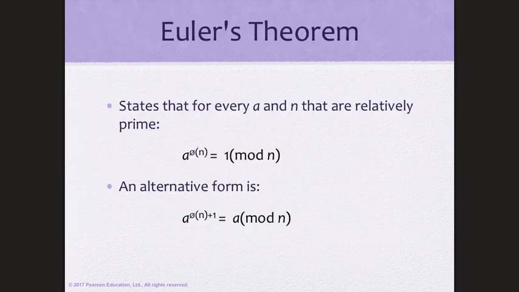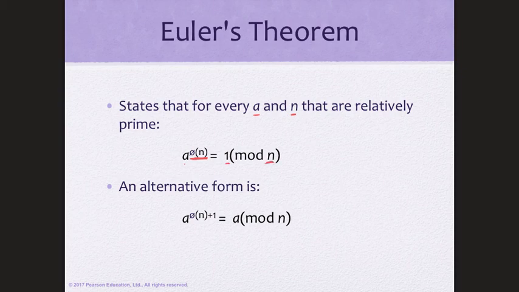Now, what's the use of the totient function? It's actually used in Euler's theorem. Euler's theorem states that if you have two integers a and n, and those two numbers are relatively prime, which means they don't have any common factor, now we are not dealing with prime numbers, but relative primality, then a raised to the power of the Euler totient function of n is equal to 1 mod n.